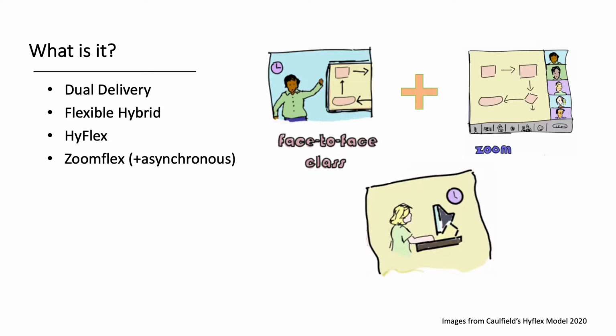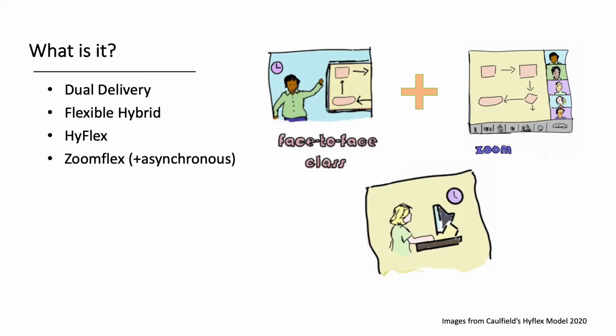And all of these different delivery modalities are more or less the same. In fact, these terms are used interchangeably because they all imply a modality of delivery that is hybrid because it allows students to attend in person in classroom or remotely if they choose to.